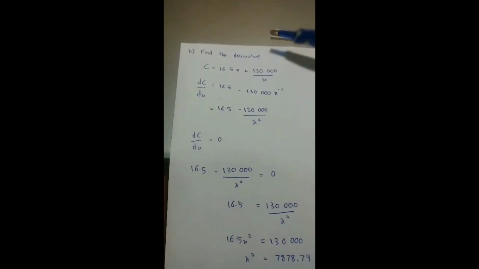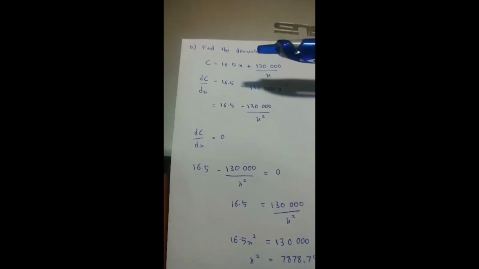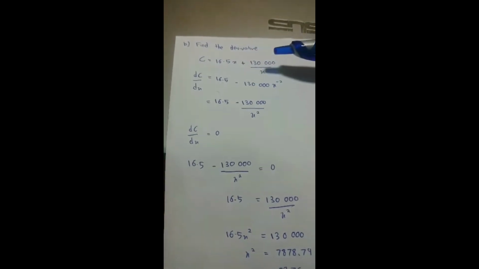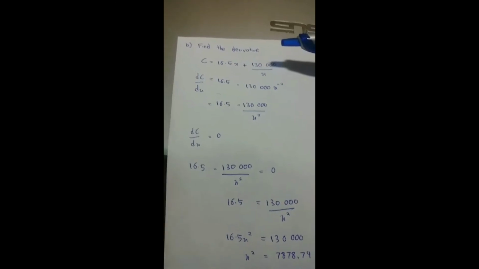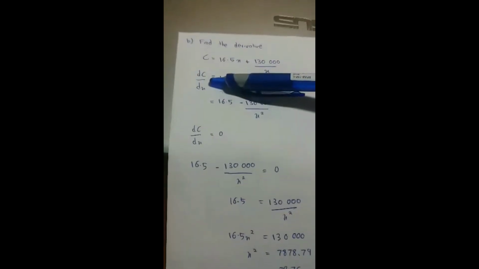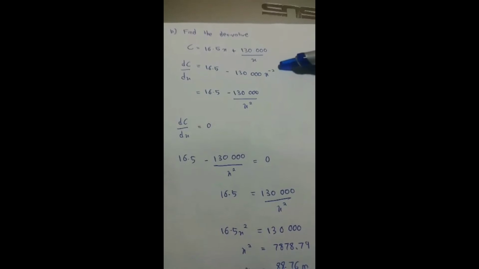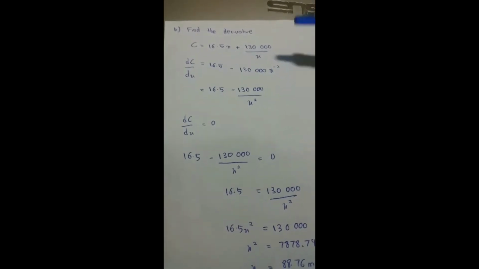So the first step is find the derivative. So the cost C equals 16.5x plus 130,000 over x. Then we differentiate: dC over dx equals 16.5 minus 130,000 x to the power of negative 2.